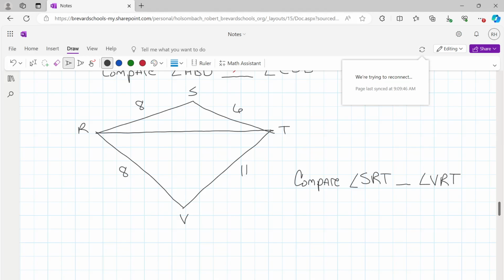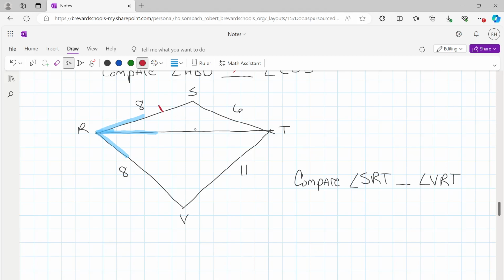SRT and VRT. So I'm going to highlight those again. SRT is right here. And then we've got VRT, which is right here. So we've got in this top triangle a side that's 8.